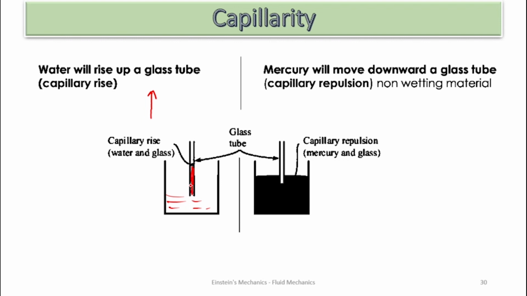Are we good? So this explains what? Capillarity, the ability of water molecules to rise inside tubes. But mercury will move down. Wow. Mercury will rather move down a glass tube. That's what we call capillary repulsion. If it is rising, we call it capillary rise.